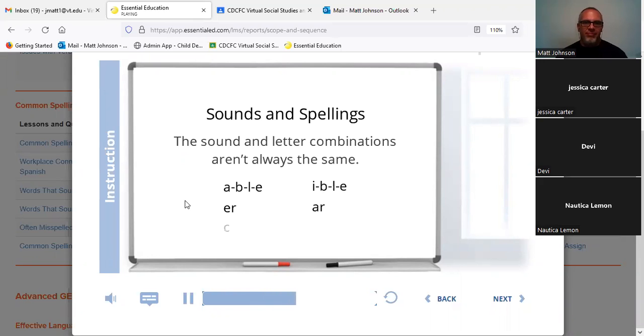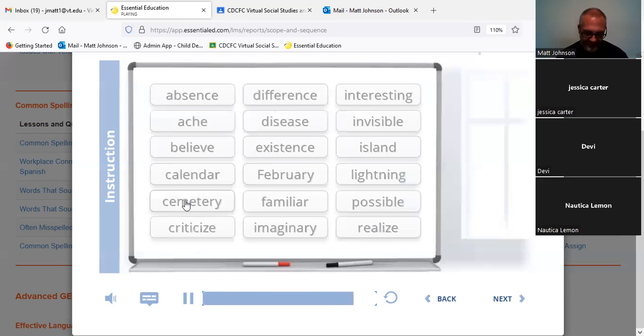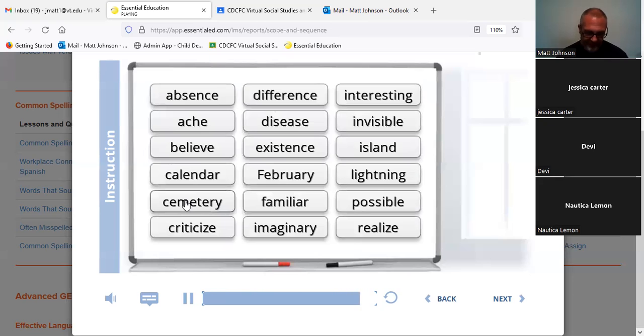The letter C can sound like an S, and sometimes pronunciations change. People in one place might pronounce a word differently than people somewhere else. All these things can cause spelling errors. Click on each of these commonly misspelled words to find out what they mean and what causes spelling errors.